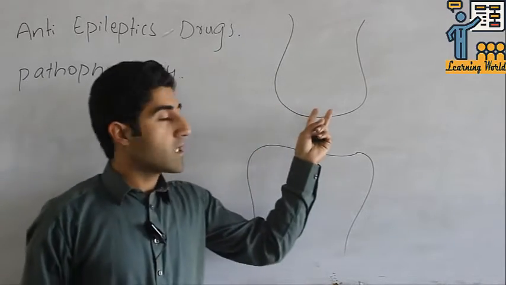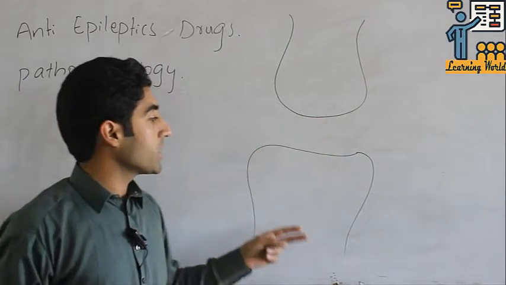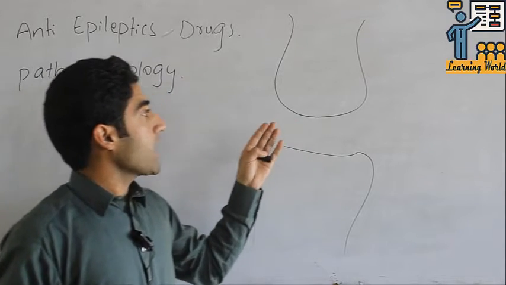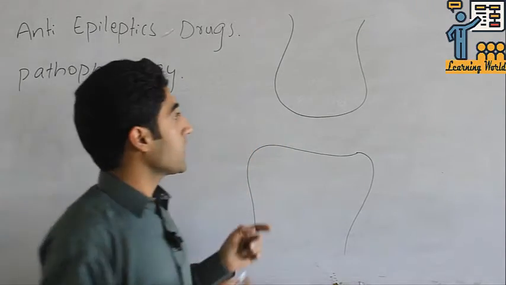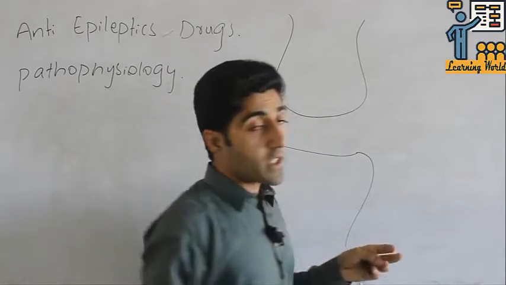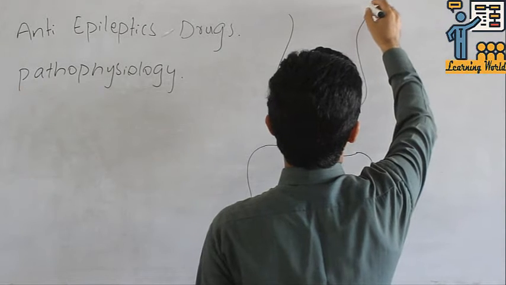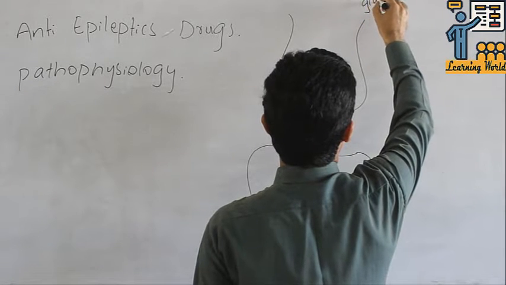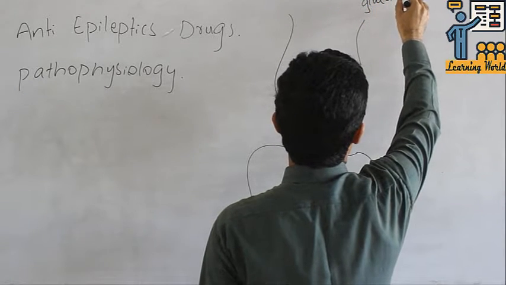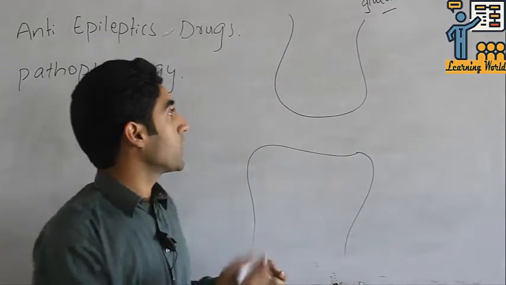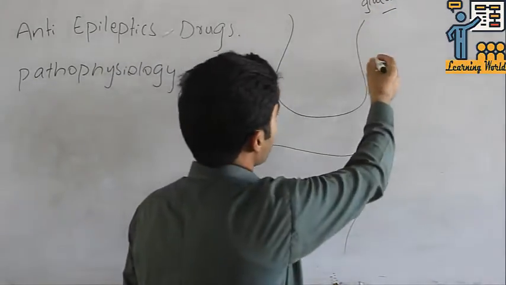As we know, this is the presynaptic membrane and this is the postsynaptic membrane. In the presynaptic membrane of an epileptic patient, glutamate plays the most important role in epilepsy. Glutamate is an excitatory neurotransmitter, and it is present here.